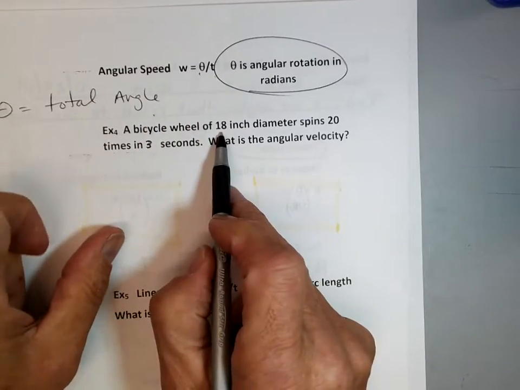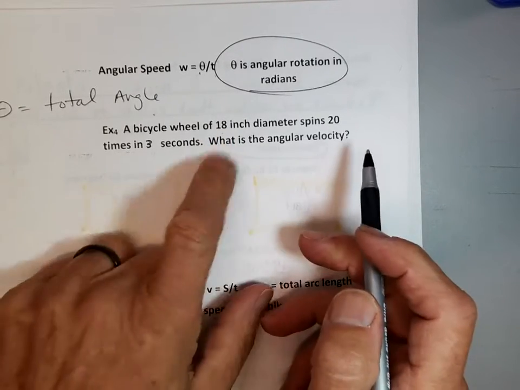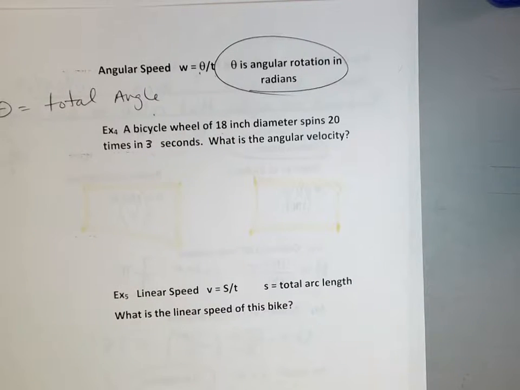So we've got a bicycle wheel of 18-inch diameter. And we don't need this yet because we're not going to put the bike on the ground and run it, right? So regardless of where the bike is, the angle travels the same. Think about the Earth. The Earth is spinning around, and within 24 hours, it's going to go around.